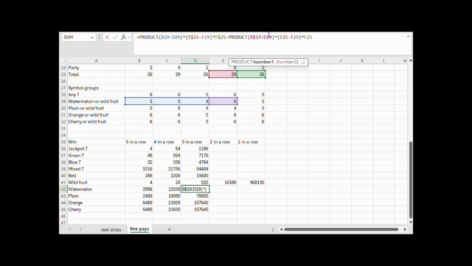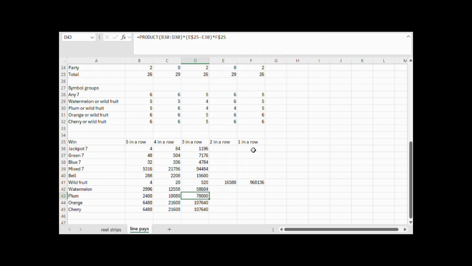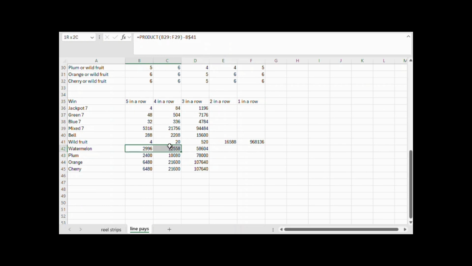So putting $ before the 19s and the 25. And let's copy and paste those formulas down.